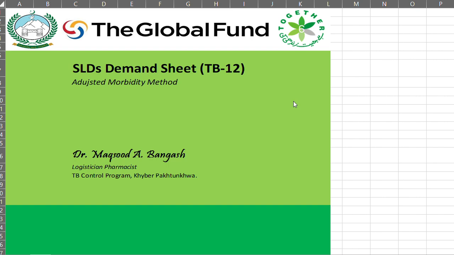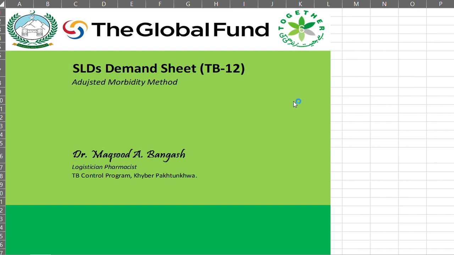It was observed that by adopting the consumption method for forecasting, despite adding the 33% buffer stock, we were not able to avoid stockouts, and the treatment of the patient was interrupted. Hence, the outcome of the treatment also suffered.